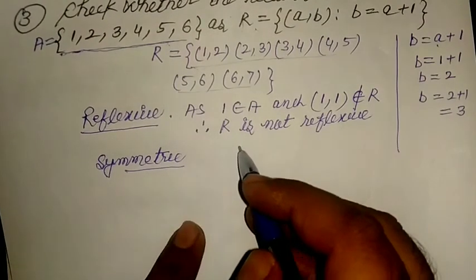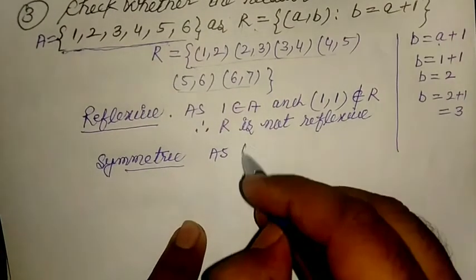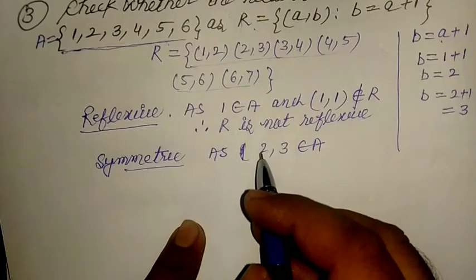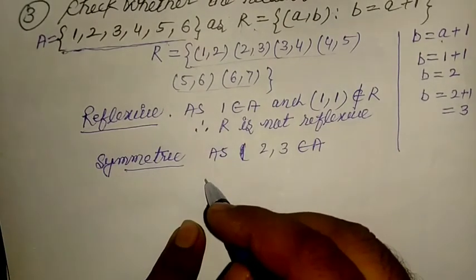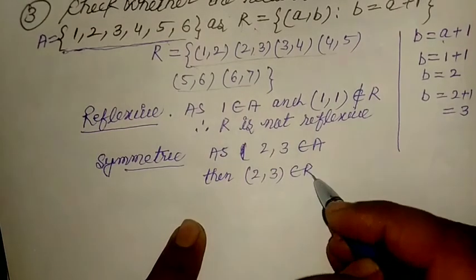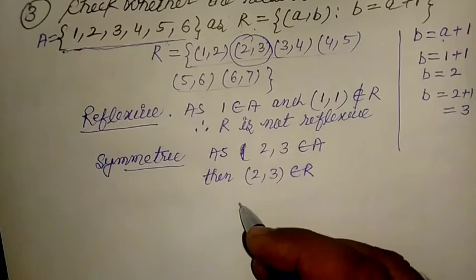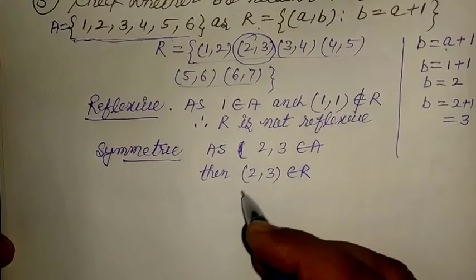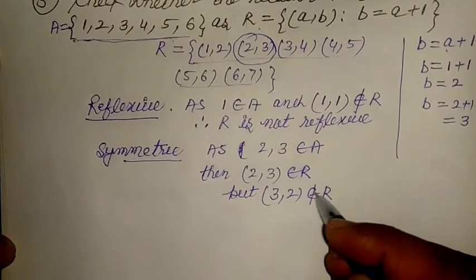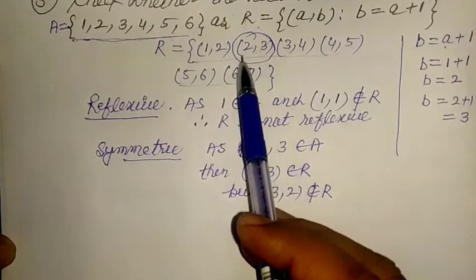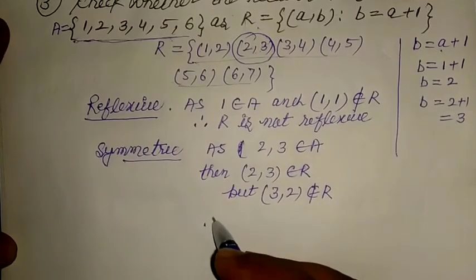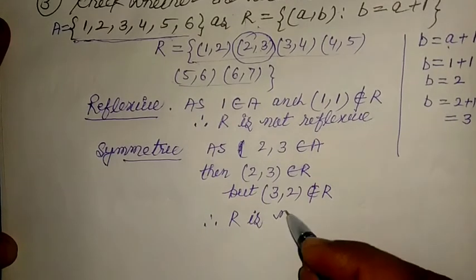In symmetric, say (2, 3) belongs to set A, then (2, 3) belongs to R. Here we have (2, 3), but you can see (3, 2) does not belong to R. You can see in the relation (2, 3), but here (3, 2) is not present. So therefore R is not symmetric.